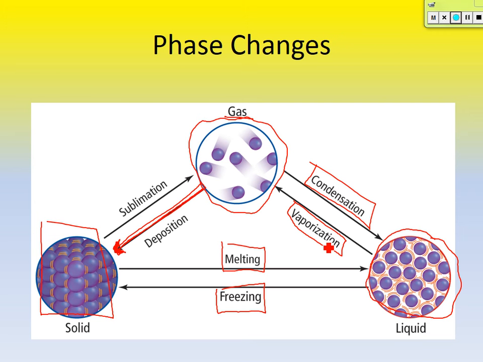Okay, now let's go to the one where people aren't really that familiar with. Let's go from this solid state, solid phase, to the gas phase. What do we call it? Solid to gas. Sublimation. Yeah, when something sublimes, it's going from the solid phase to the gas phase. Now, most substances don't do that.